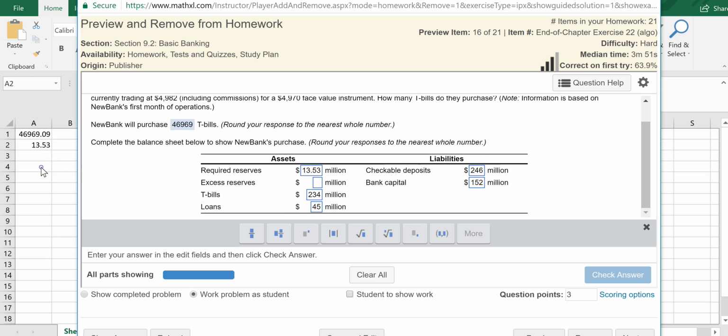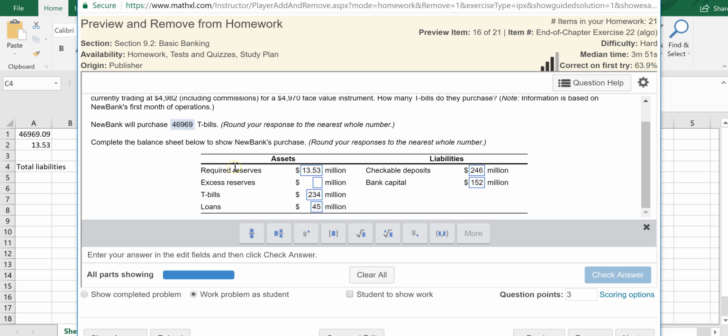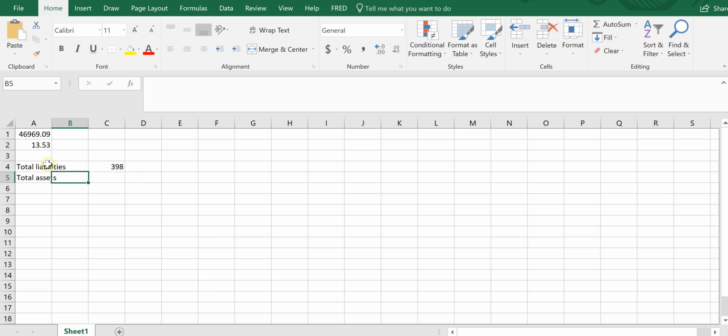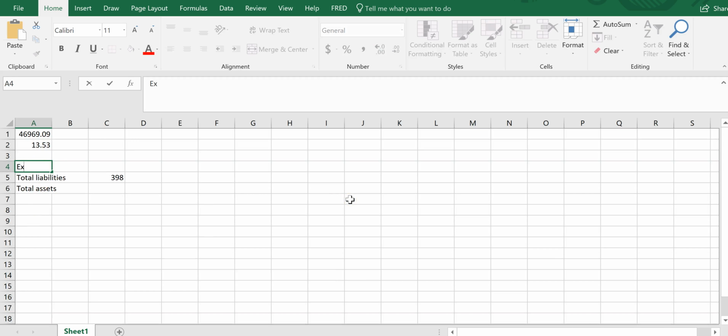So let me use that information to figure this out. So the total liabilities equals 246 plus 152. So that gives me 398. And total assets, so let me further give a number here. So this is excess reserves.